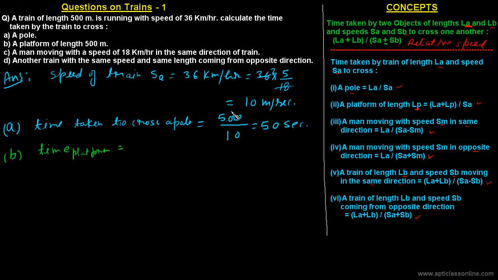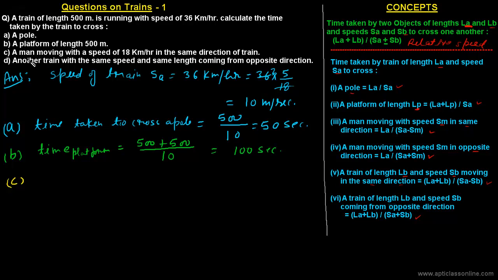Length of train is 500 meter, and length of platform is also 500 meter, divided by only the speed of train. Why? Because the platform is a stationary object. Again, the speed of train we have calculated above is 10 meter per second. So it is 1000 by 10, that is 100 second. This is the answer to the second question.